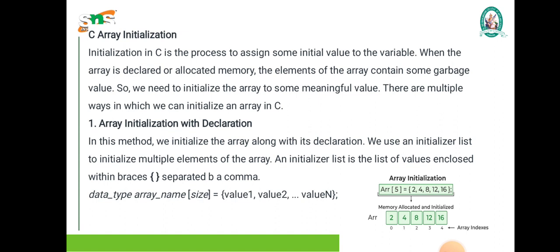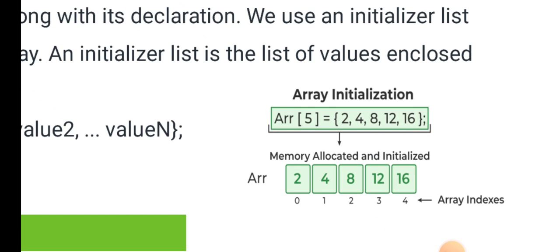In this manner we declare and initialize the array, that is, in a single step the array can be declared or initialized, or both. This is the pictorial representation which clearly explains how the array has been declared and also initialized in a single step.